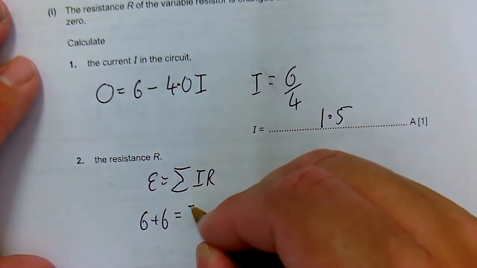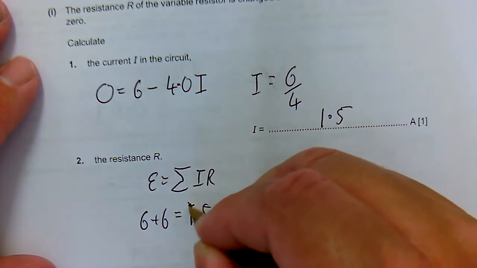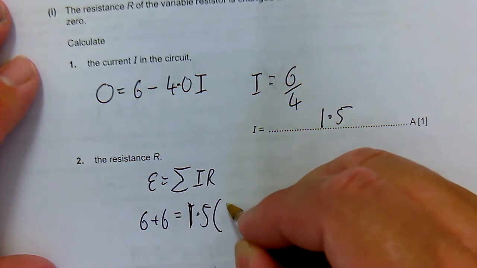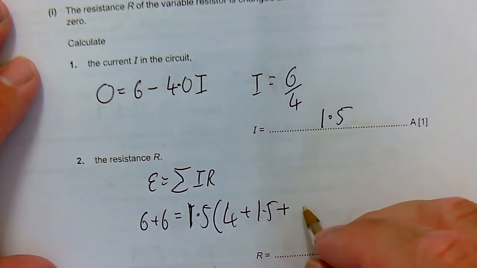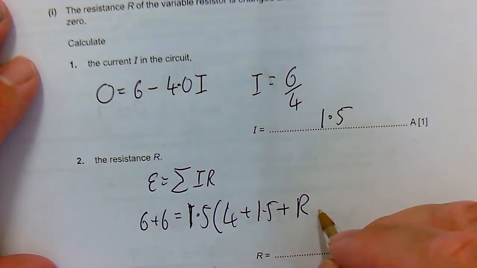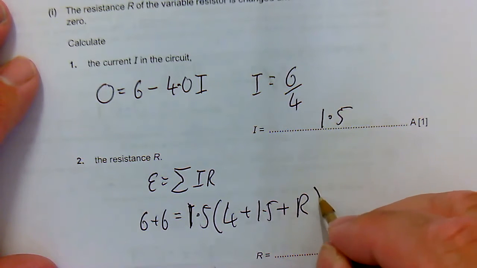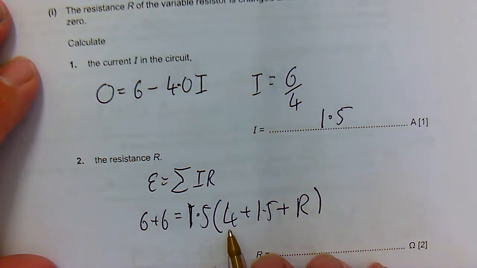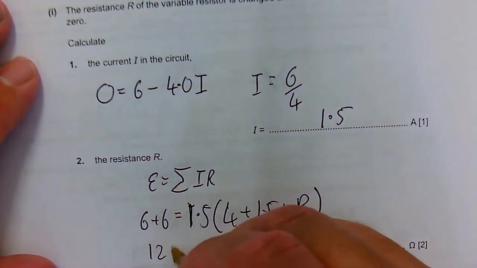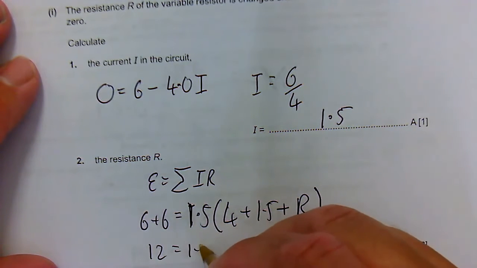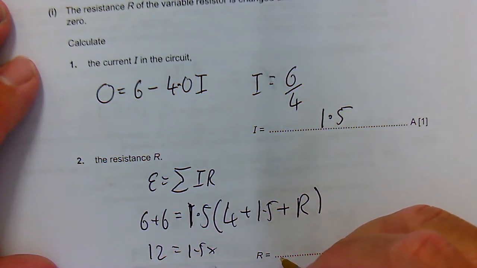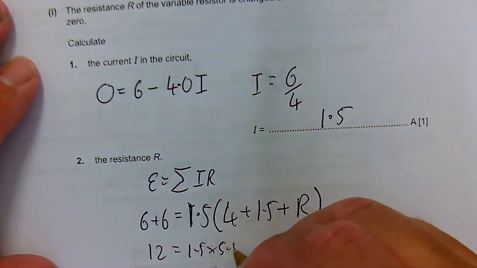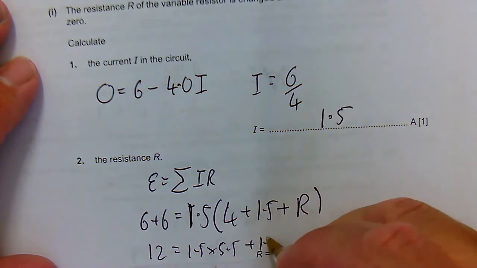I can say the current I, which is 1.5 amps, multiplied by 4 plus 1.5 plus R. So that would be 12 equals 1.5 times 5.5 plus 1.5R.